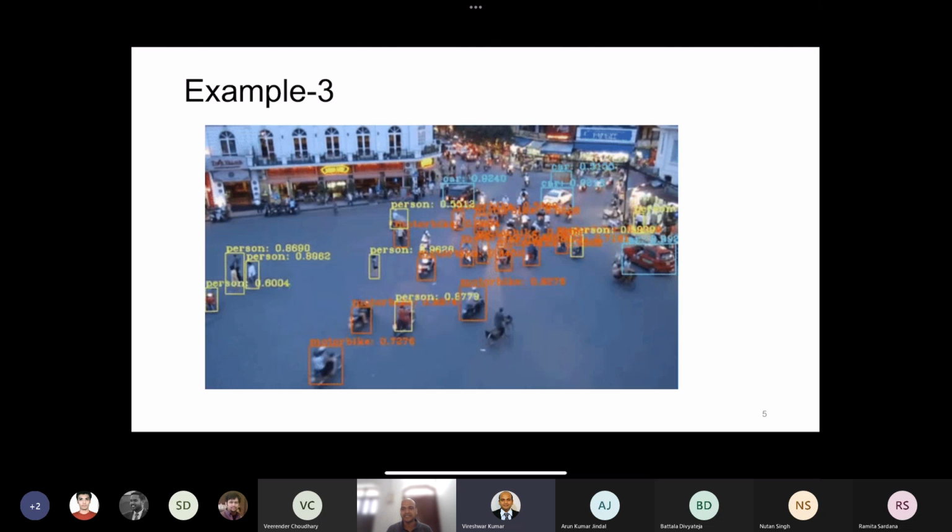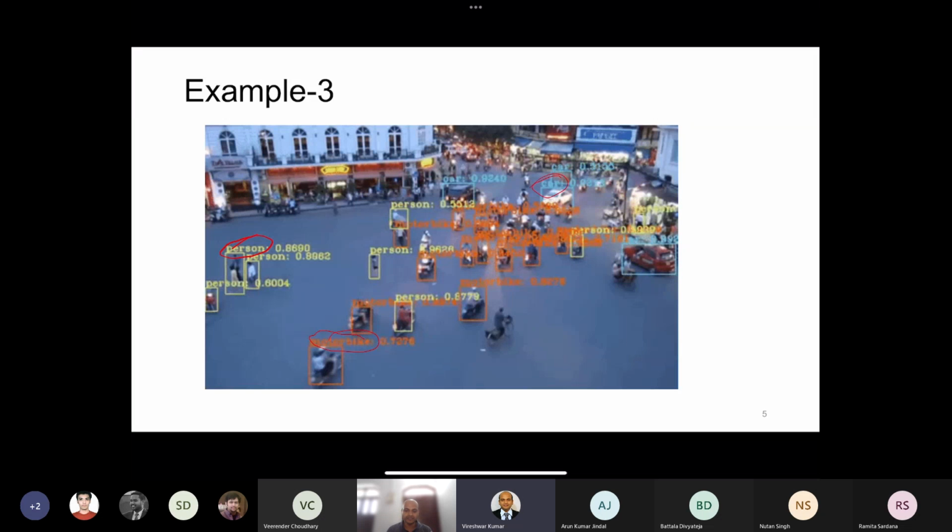What I'm trying to highlight here is that the algorithm has to be very intelligent in order to work in a real world environment. So if we are looking into an environment where the machine learning algorithm has to identify whether something is an individual, a person, a motorbike, or a car.